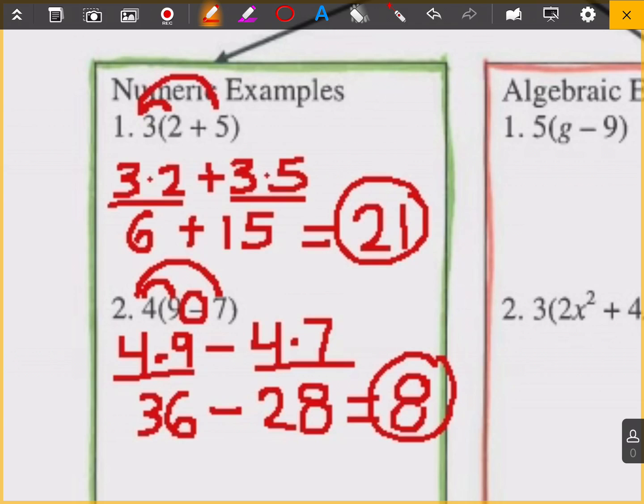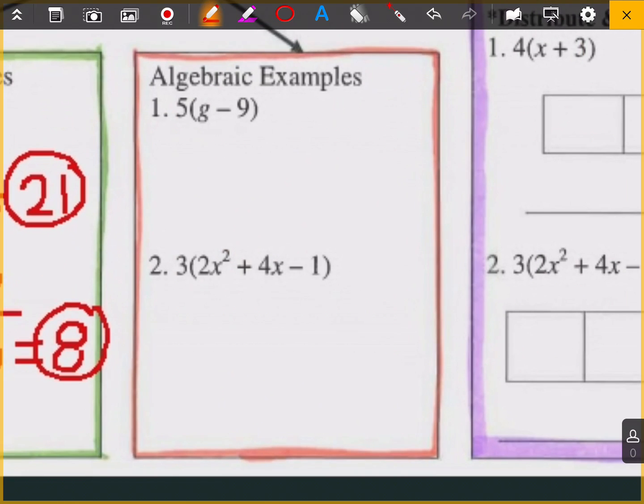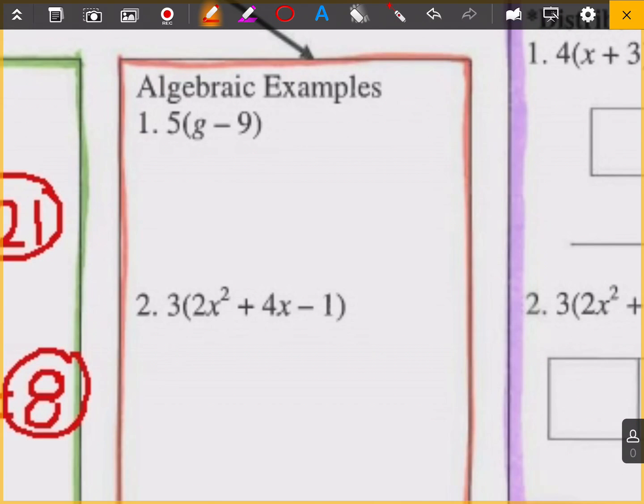As we move up in our math levels, we're going to be seeing more with the algebraic examples. And this is more so how you're going to see it. So we're going to be multiplying that number with a variable value. So in number 1, we have 5 times g minus 9. We're going to distribute that 5 to both of them. So we would write this as 5g.